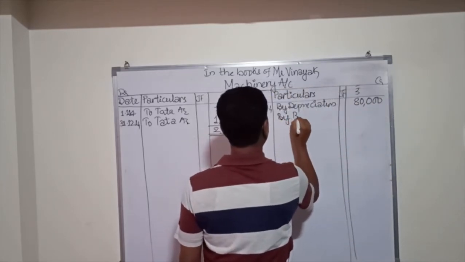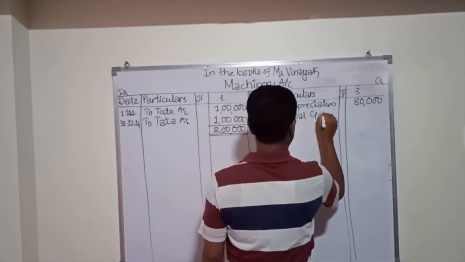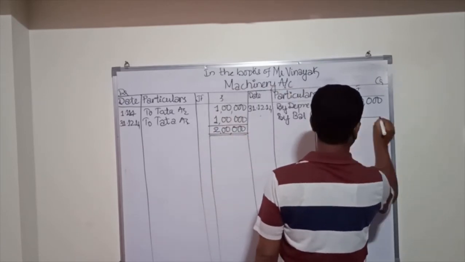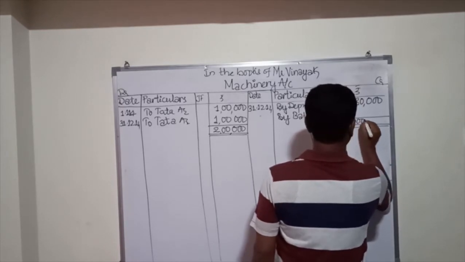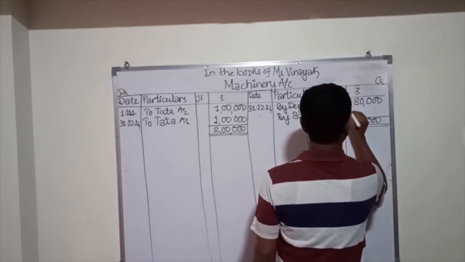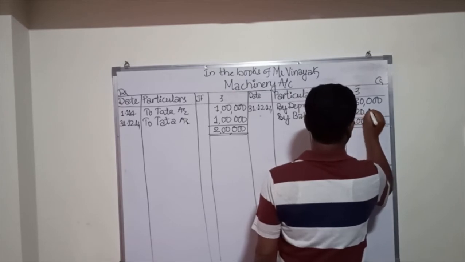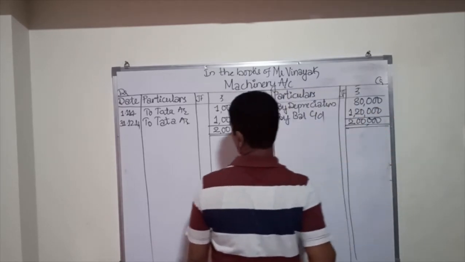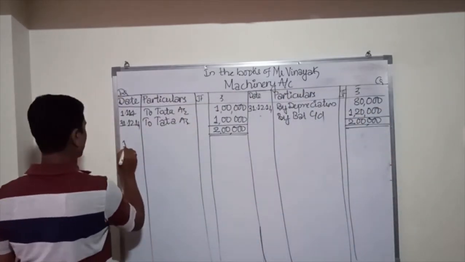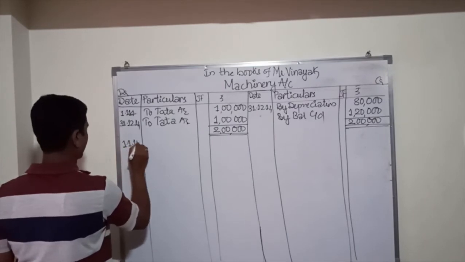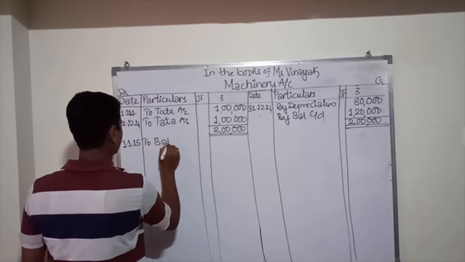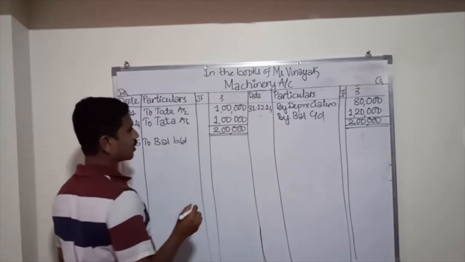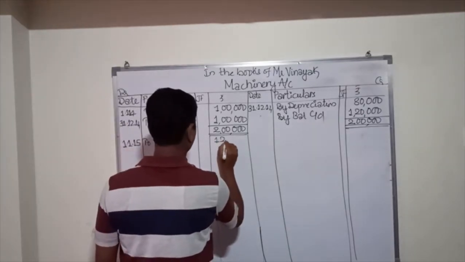By balance carry down. First let me write down here, it is 2 lakh. So the difference here is 1,20,000. So this 1,20,000 is brought down on 1/1/15 here. So balance brought down comes to 1,20,000 here.